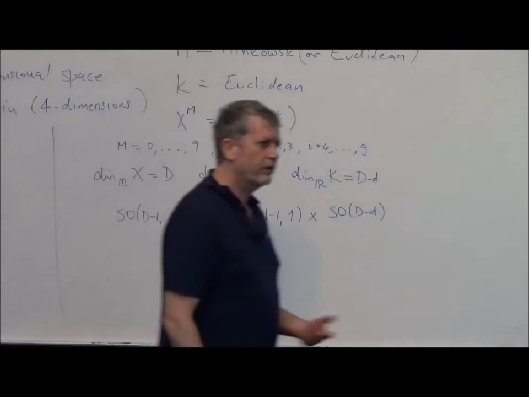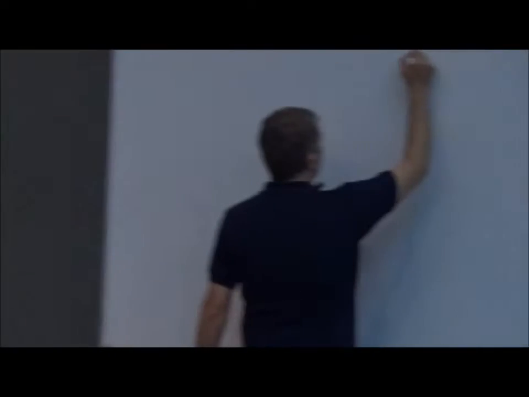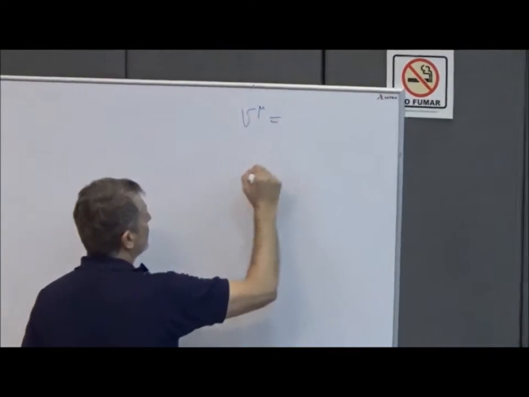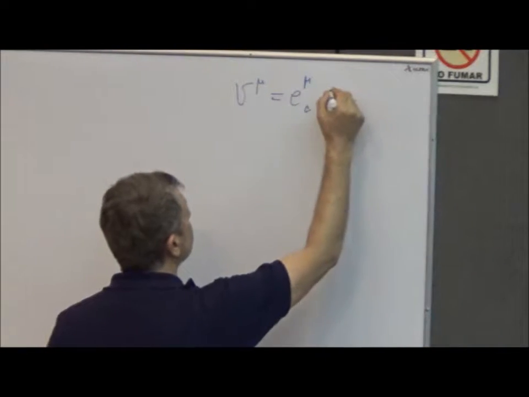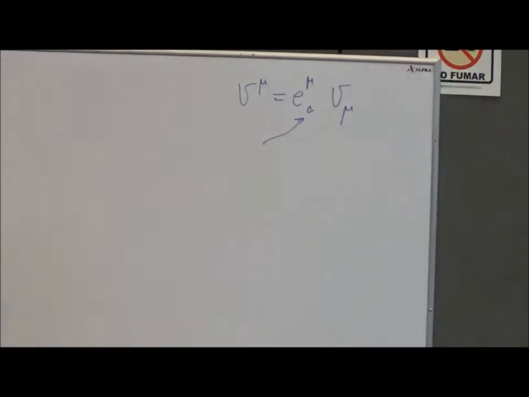And if you want a more invariant way of saying it, I think the right thing to do, I'll write something up here. All right, so let's take a vector. I can always write a vector using an n-bein, and the group which is relevant for the n-beins is that group.